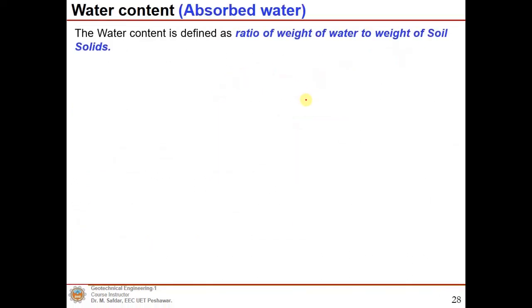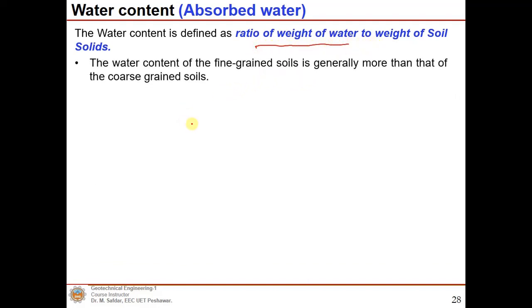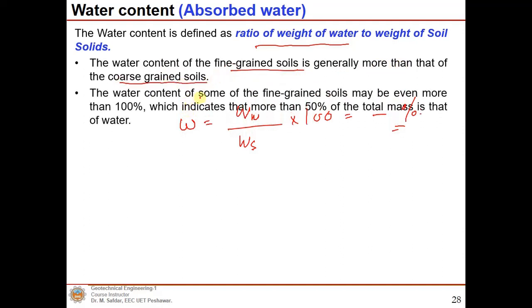Now, the water content is defined as the ratio of weight of water to weight of solids, and if we multiply that with 100, it will give us the percentage water content. Now, the water content of the fine grained soils is generally more than that of the coarse grained soils, and the water content of some of the fine grained soils may be even more than 100%, which indicates that more than 50% of the total mass is that of the water.